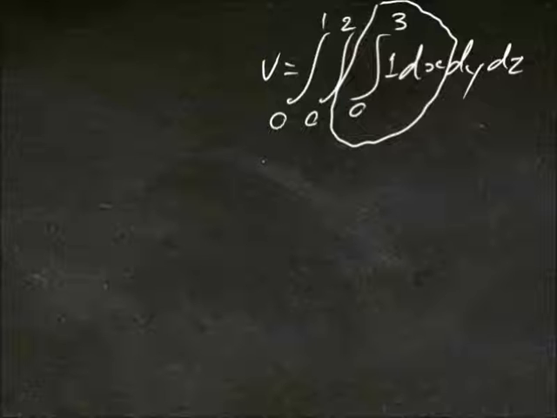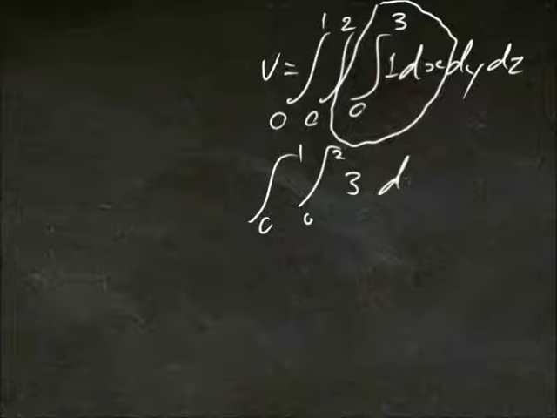The integral of 1 from 0 to 3 is just x, 0 to 3, which is 3 minus 0, which is 3. So rewriting this, putting our other integrals back in, we have our 0 to 2, and 0 to 1, and our dx is already done, so we've got dy, dz.